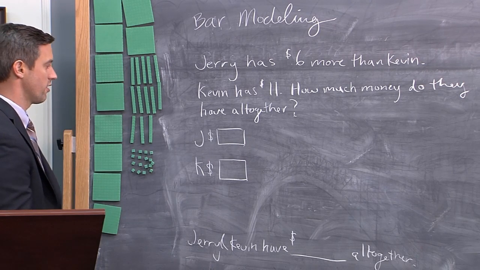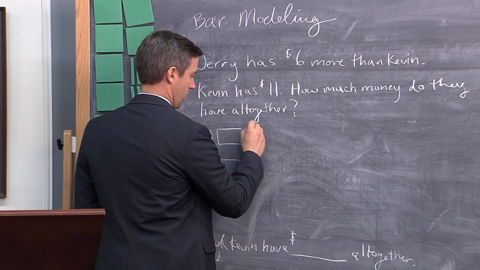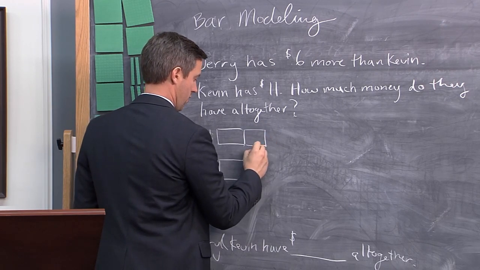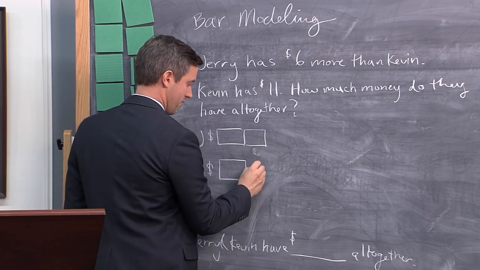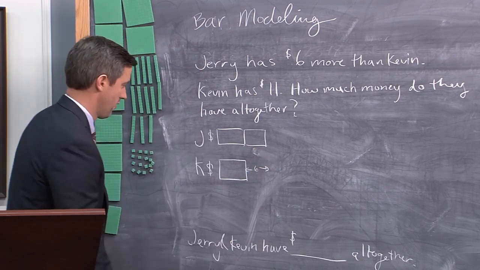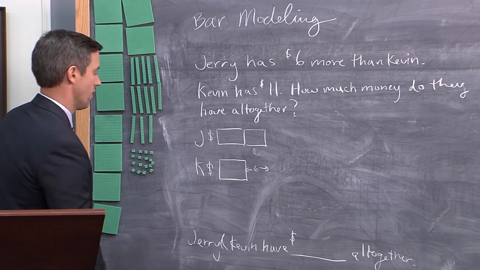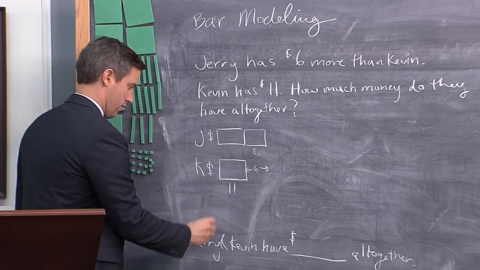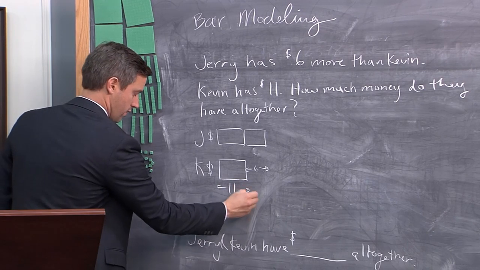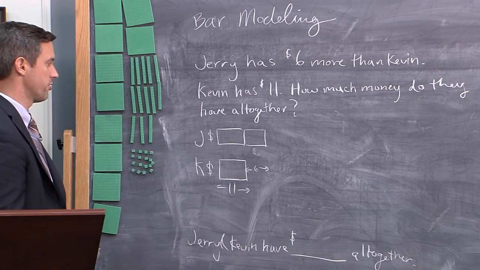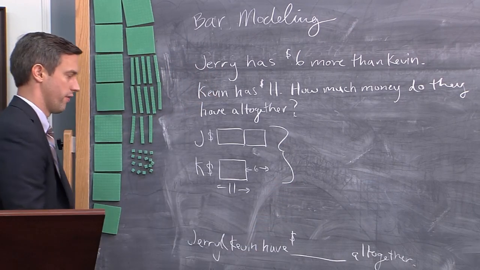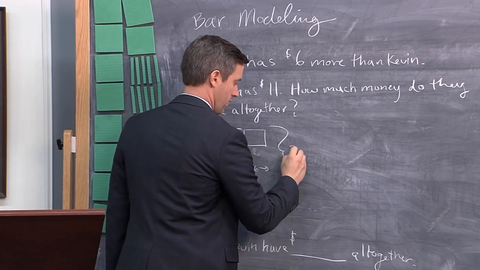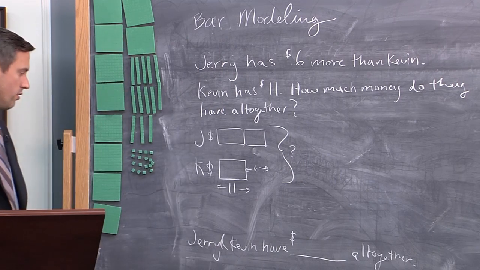Jerry has $6 more than Kevin. Extend that. The difference here is that $6, right? And Kevin has $11. How much do they have altogether? And that's where I'm going to put my question mark, because I'm looking for the total.